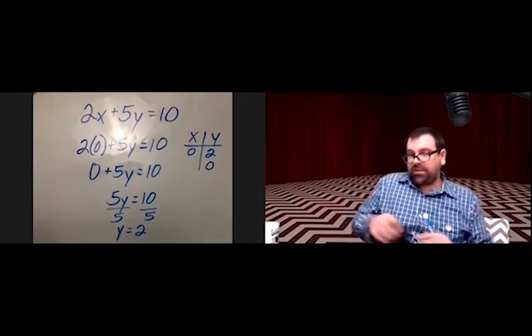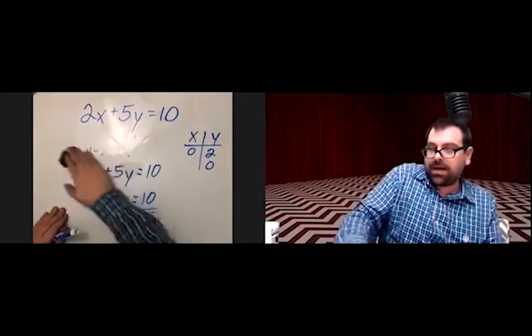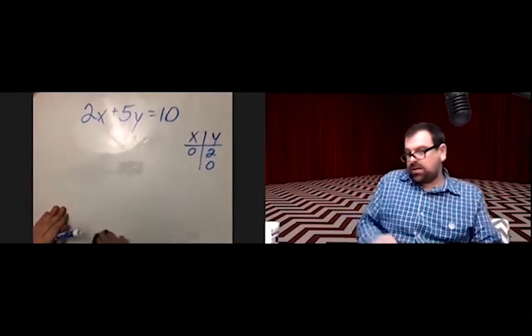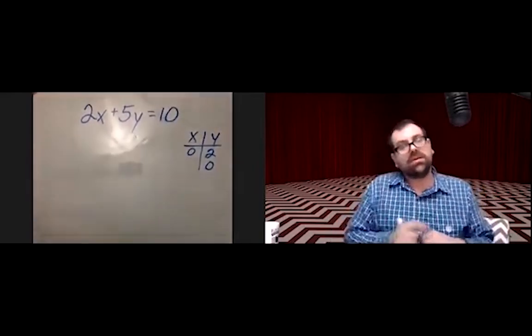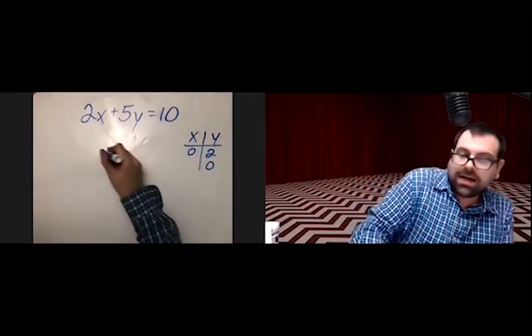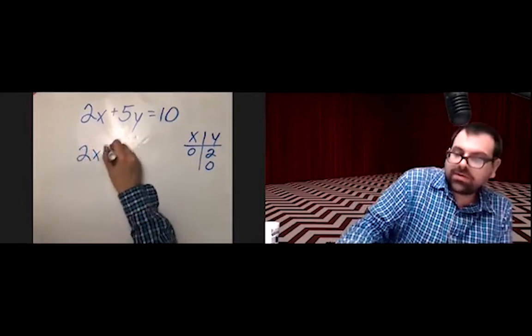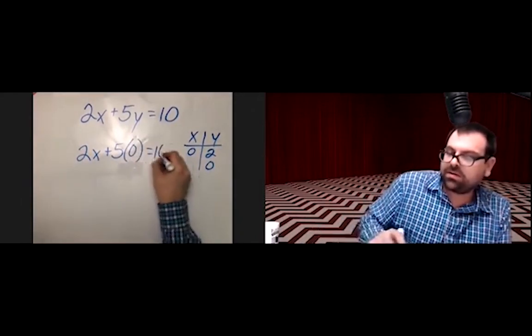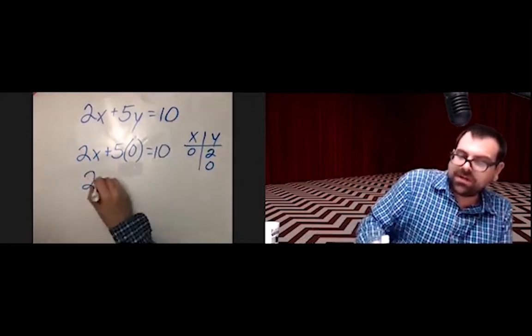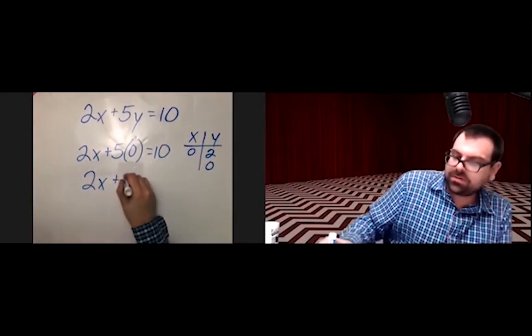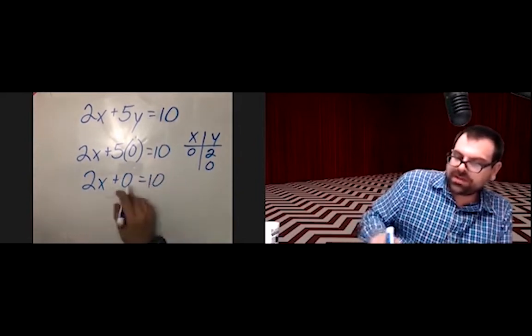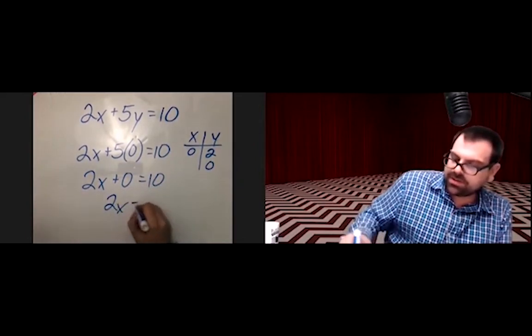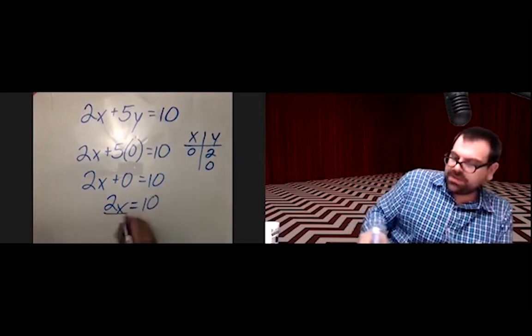Let's go ahead and find the other point. We're going to do that by taking the same equation and plugging 0 in for y. So 5 times 0 instead of 5 times y. 5 times 0 is 0. 2x plus 0 is just 2x. Divide both sides by 2.